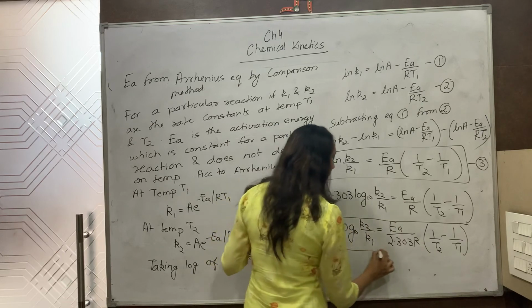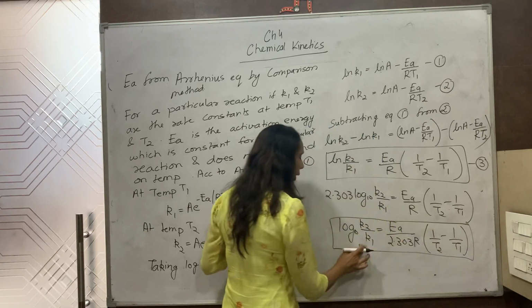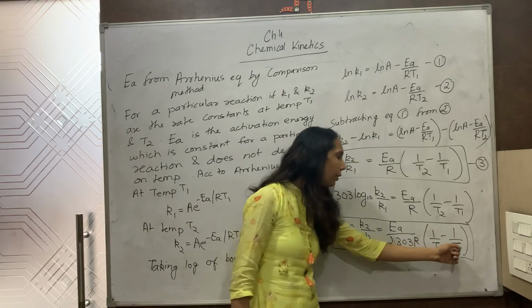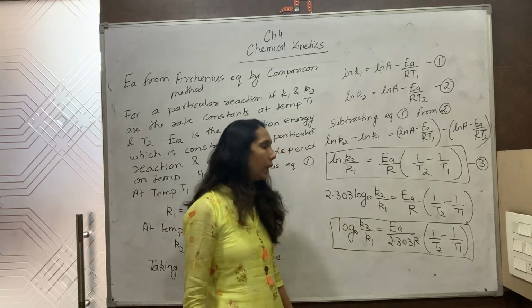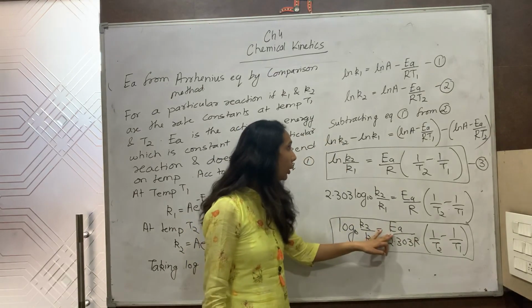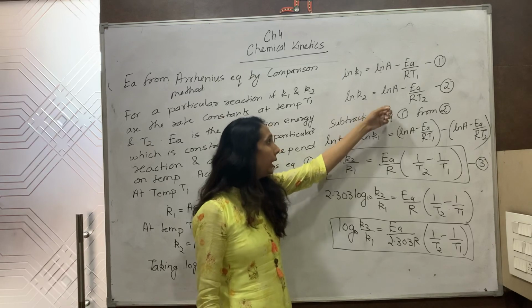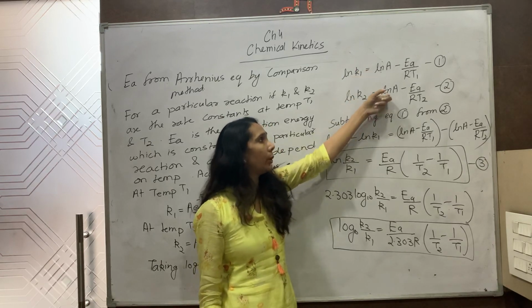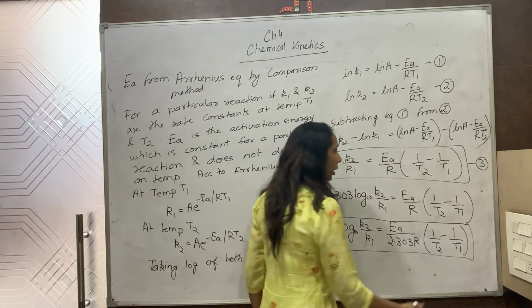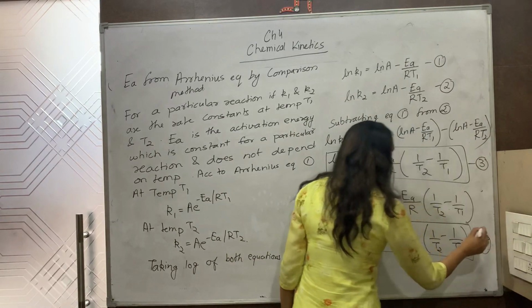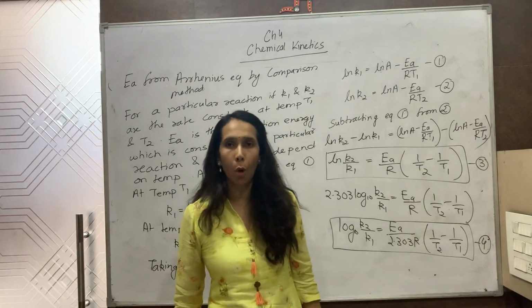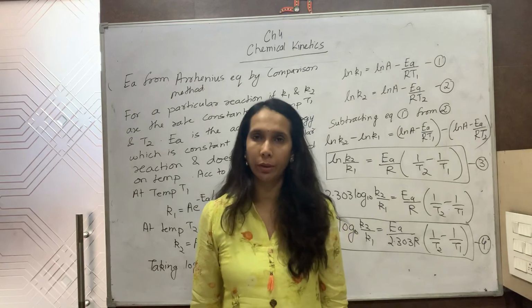And that is how, if I know the values of k2 and k1, and I know the values of T2 and T1, I can calculate Ea. And once I calculate Ea, I can substitute in any of the equations and calculate A also. So this is your equation 4, and these are the simplified forms of the Arrhenius equation. Thank you.